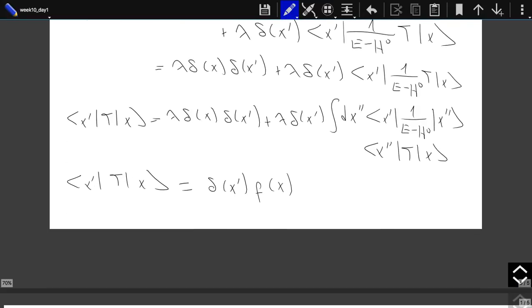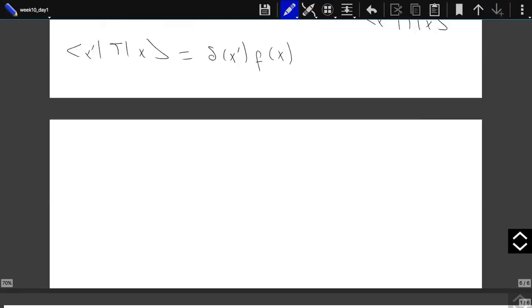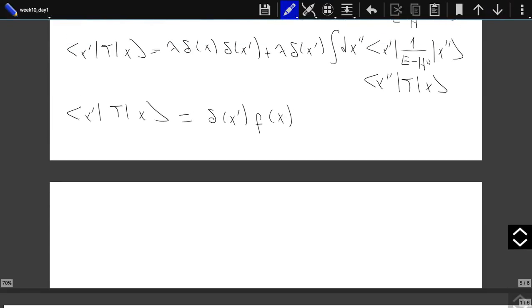Now, if this is true, then we can just put this expression into the above equality, and we get f of x should be equal to lambda times Dirac delta x plus lambda times, well, you see this matrix element over here then is just Dirac delta x double prime times f of x. Because we already know that this matrix element contains a Dirac delta in the bra, in the argument of the bra.